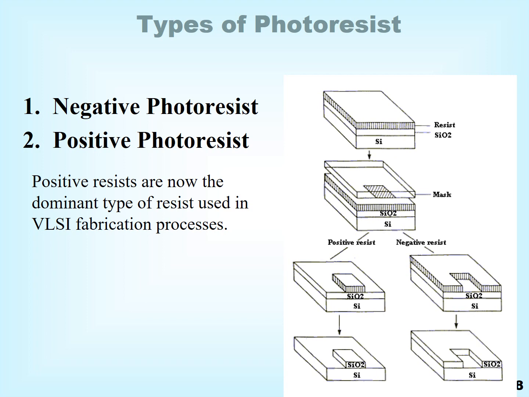So it will ultimately protect the silicon dioxide over which the photoresist is still there. You can see in the left hand side figure, only the silicon dioxide in the middle part has remained, whereas in the right side of the figure, only the silicon dioxide in the other area has been protected. So you can always remember that photoresist is of two types, and this figure marks the difference between the two.